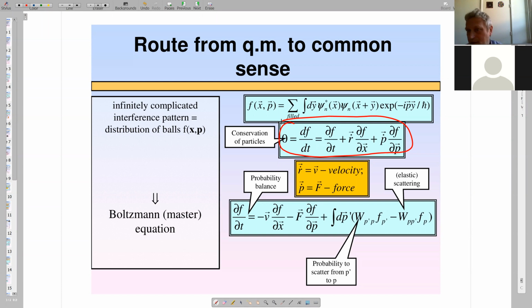Good. Fine equation, but it doesn't contain what we want. It doesn't contain impurities so far. We have to supplement it with scattering on the impurities.